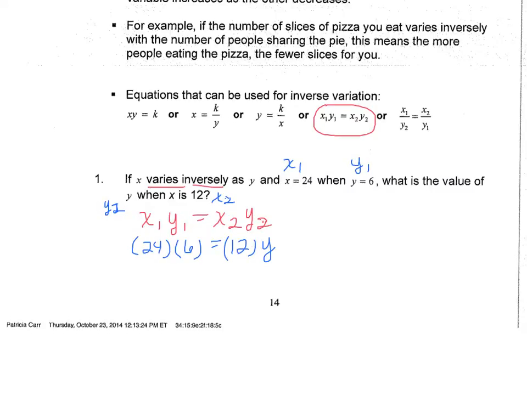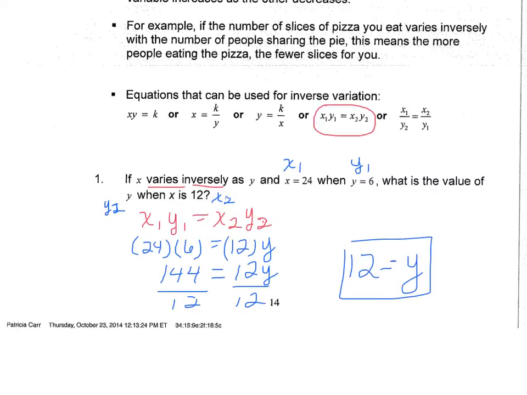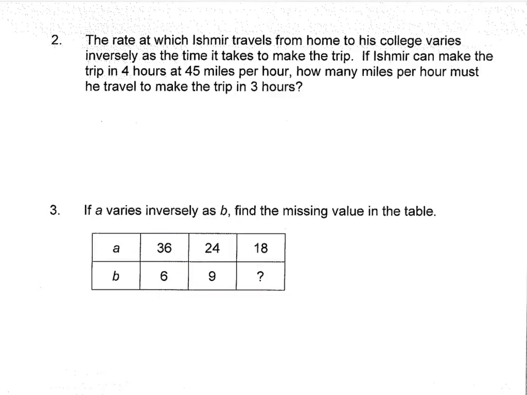So we're going to multiply 24 times 6, which is 144, equals 12y. Divide each side by 12. Our missing value of y happens to be 12. It really isn't that difficult. The only thing is you have to memorize the proper formula. With that being said, let's move on to another example.